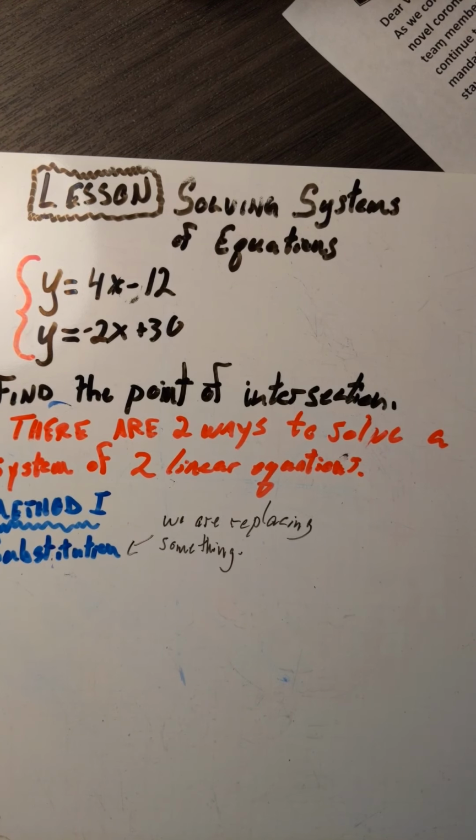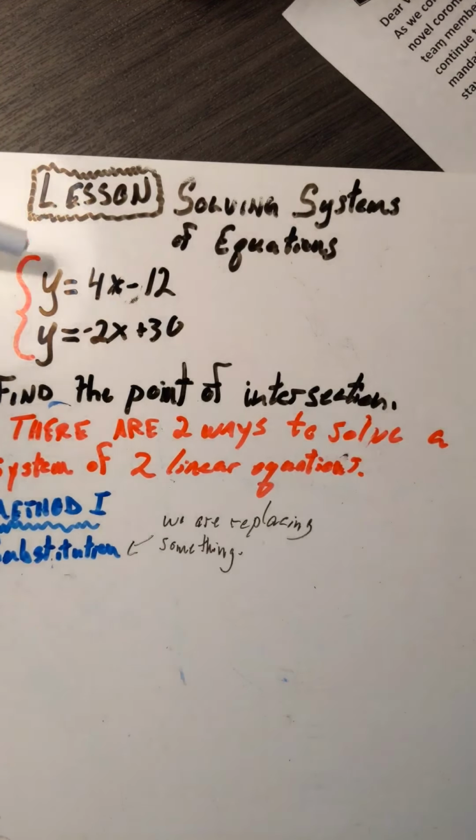So here's how it works. We take one of our equations, and it doesn't matter which one we start with. In this case, I'll just start with our first equation, and let's look at it for a moment. So if I look, it says that my y value is equivalent to 4x minus 12.